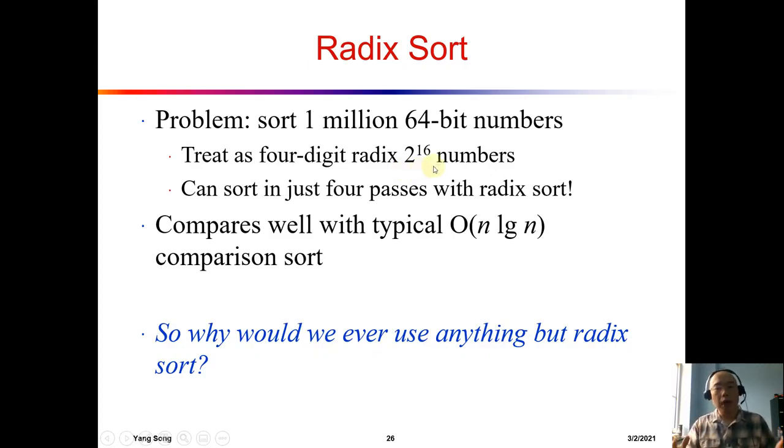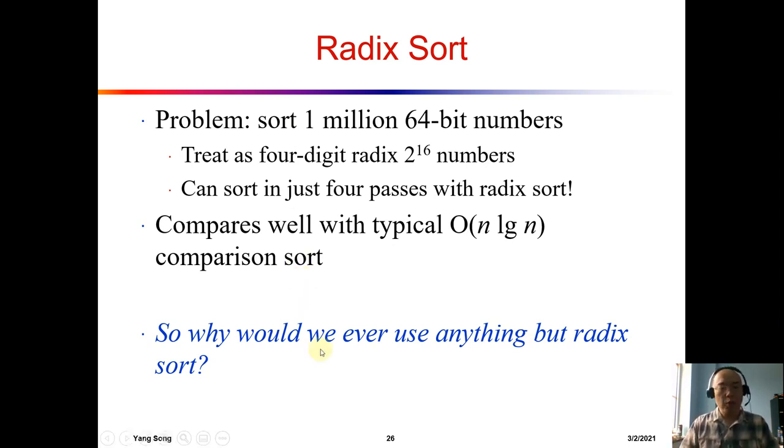So this helps us reduce the k value of the counting sort. So if we are sorting 1 million 16-bit integers, then using the Radix sort will be much better than using the counting sort.